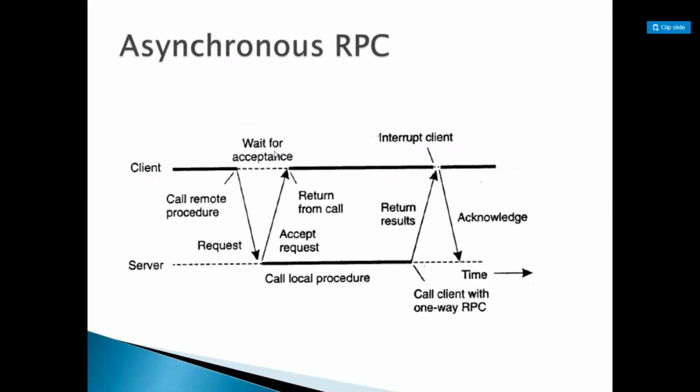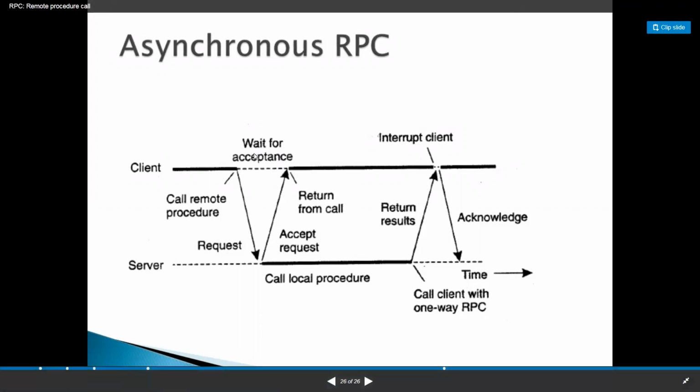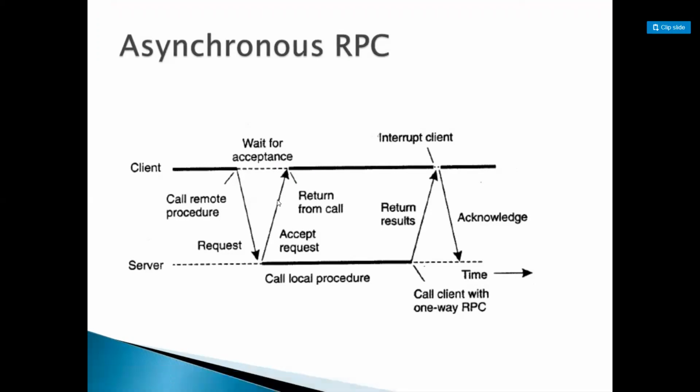Previously there is no waiting for acceptance. Here this particular time interval is called waiting for acceptance. This is the accept request and this is the return from call. Previously the return from call is either a result or a callback.